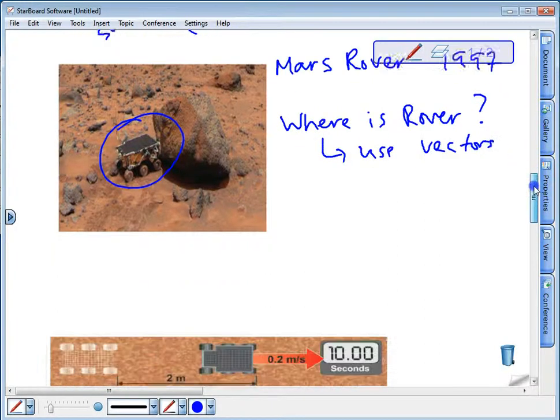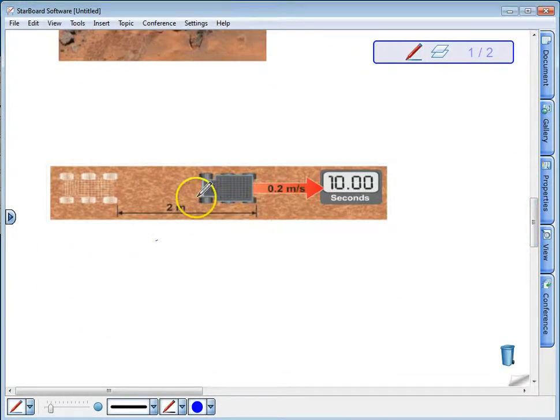Let's look at an example. Here, the Mars rover told the scientists that it went 2 meters per second forward, so that's a positive direction, for 10 seconds. So if you take where the little guy started, here's where he started.